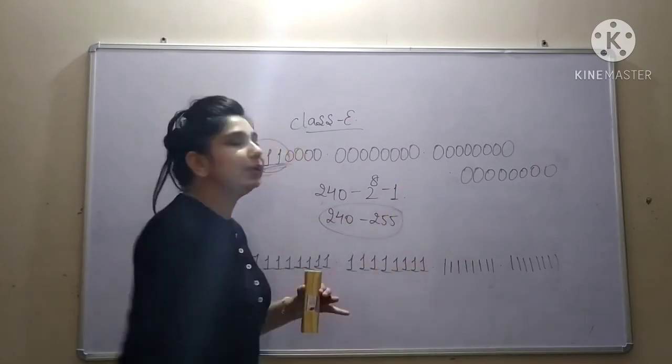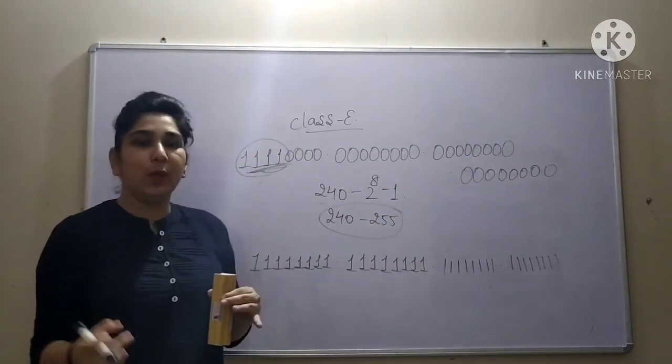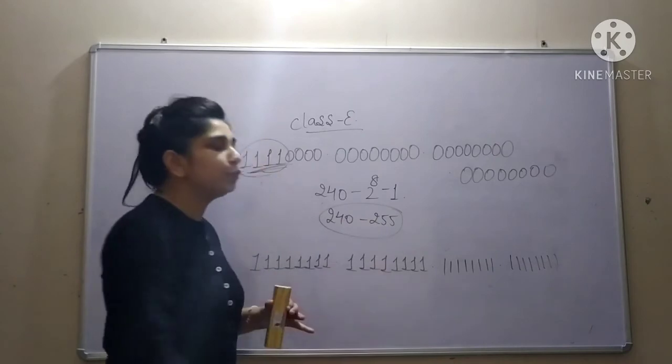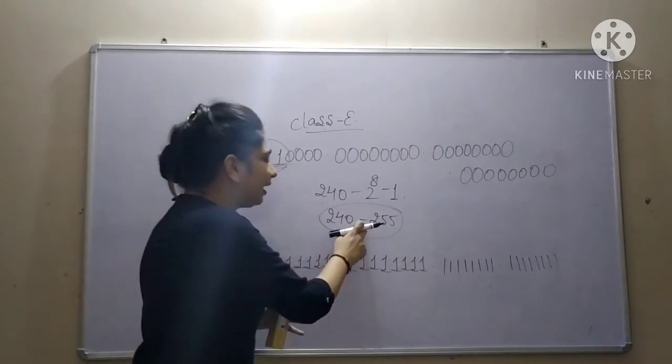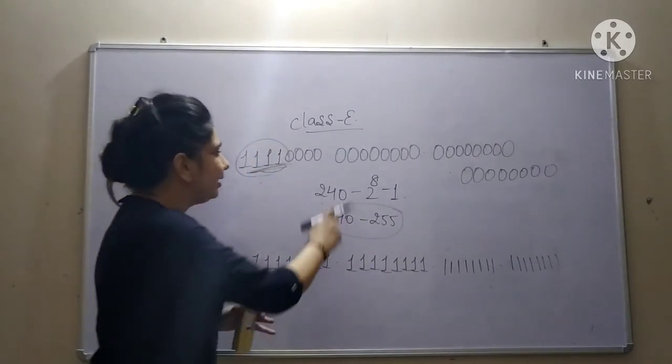If the first octet value of any given address lies in the range of 240 to 255, we can say that the IP address belongs to class E.